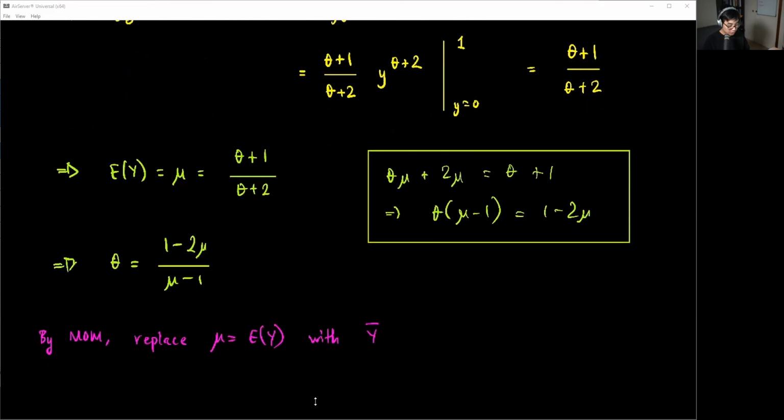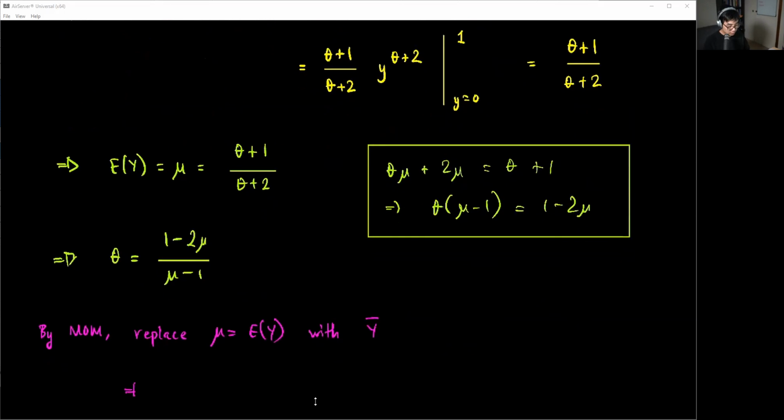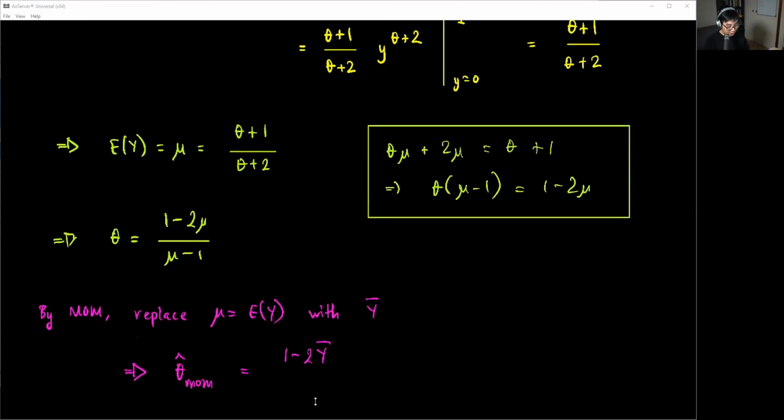So therefore we can say that theta hat, using the method of moments, is equal to 1 minus 2 y bar over y bar minus 1, where, of course, y bar is the sample mean. Now, this is consistent.